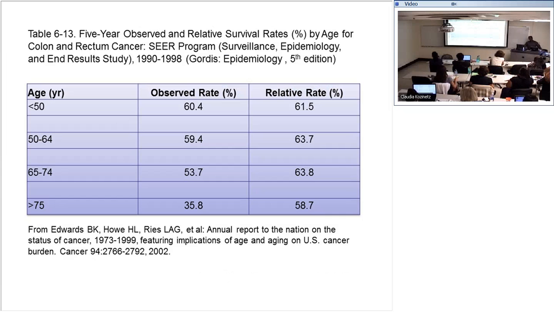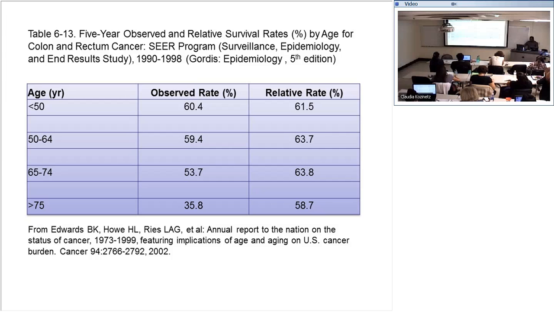So here, this table gives an example. Let's see the age groups. For people who are less than 50 years, the observed survival rate is 60.4, and their relative survival, when you divide the observed by the expected, is 61.5. Now, when we look down, you could see that the relative survival somehow increases.